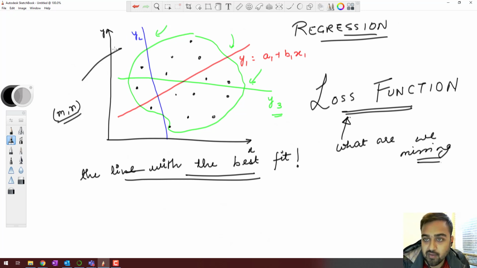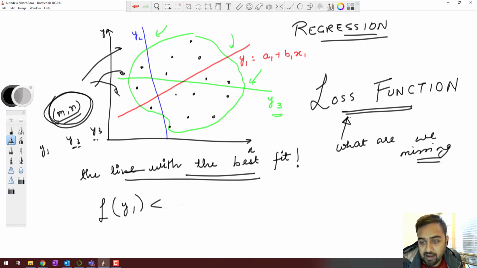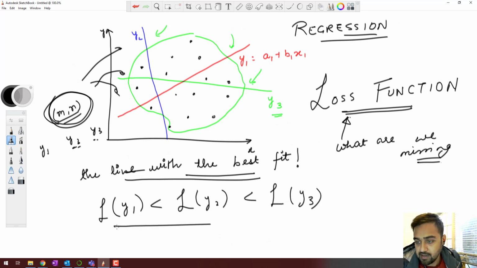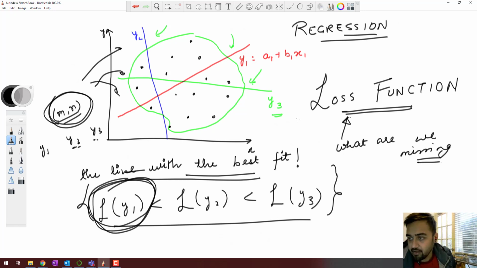You fit all of these lines y1, y2 and y3 with these 2 points m and n. All right, you'll get certain values of y1, y2, y3. Now we want a line such that the loss of that line should be less than the loss of the other regression outputs, right?